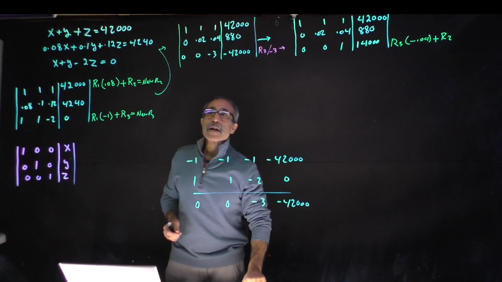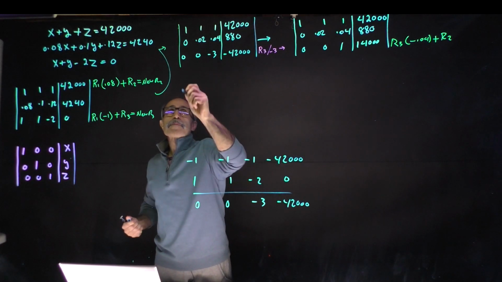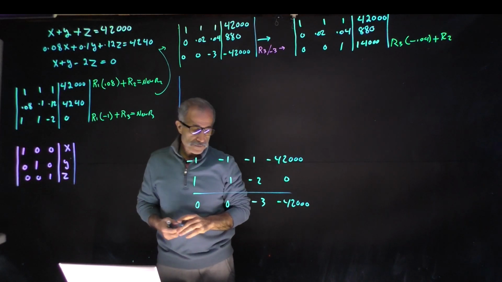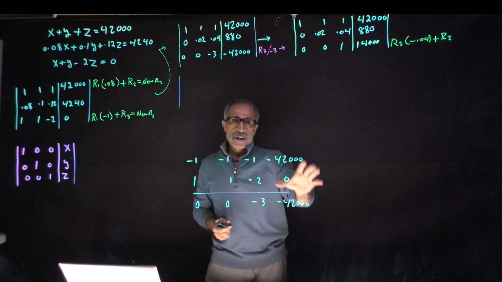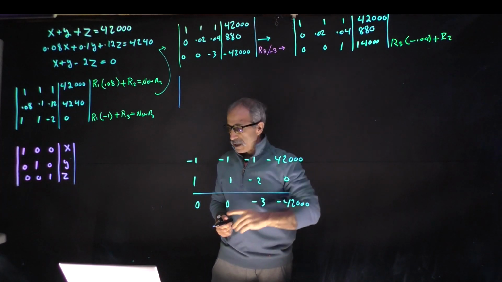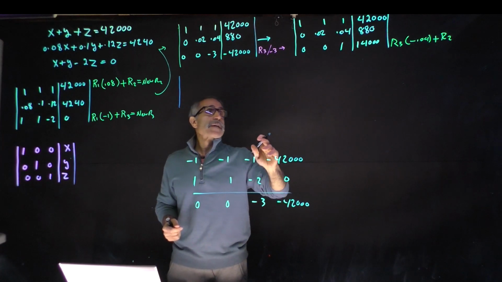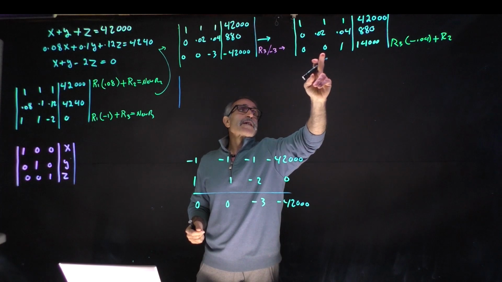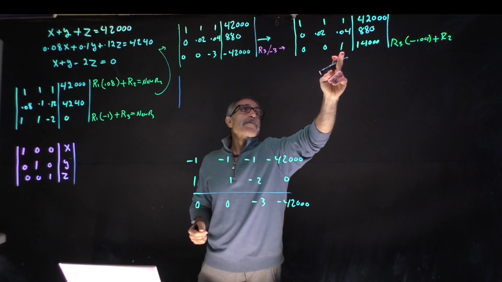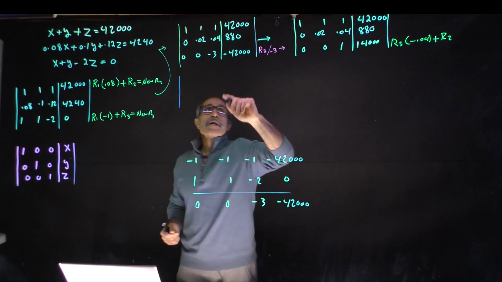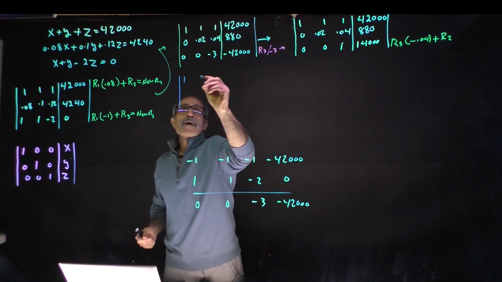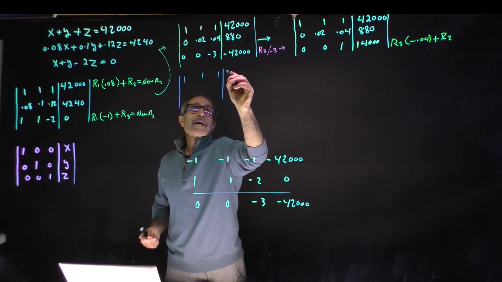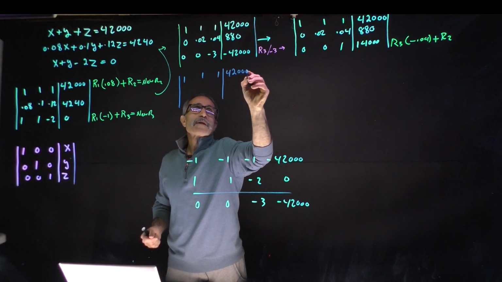So the new row is going to come out to, that's going to continue here. So now we're going to come in here, and I will do the same thing here. So if I do that, that's going to be 0, that's going to be 0, that's going to be -0.04, and -0.04 plus 0.04 makes it 0. The top row didn't change, so that's 1, 1, 1, and 42,000.